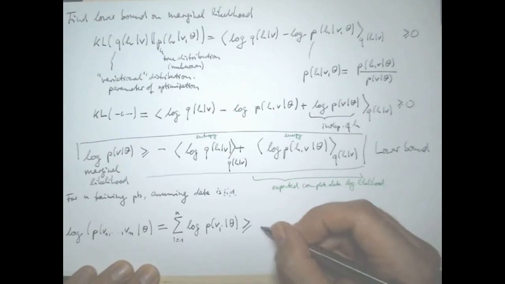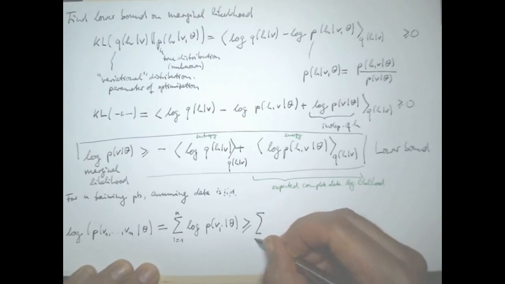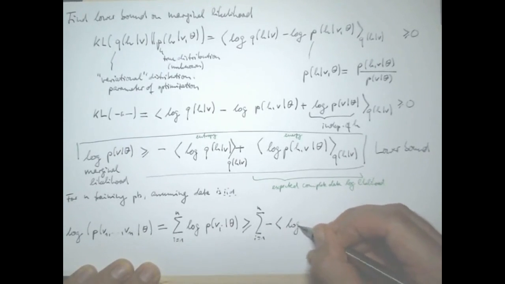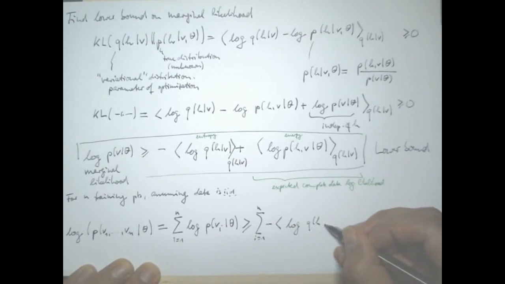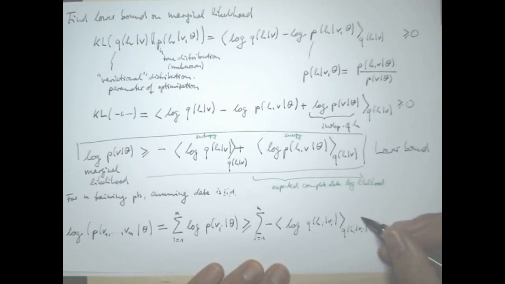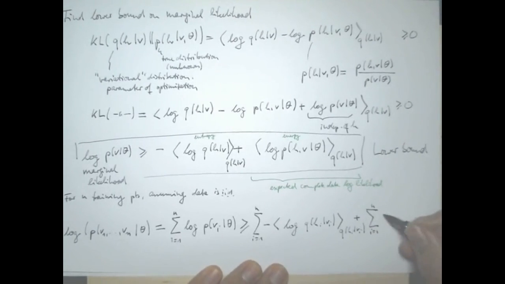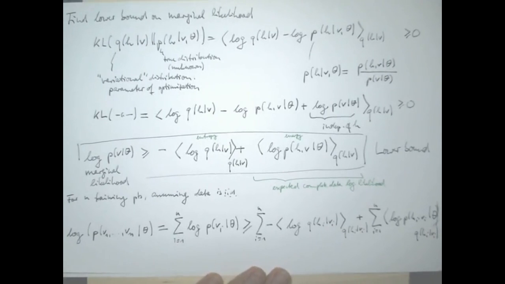So I have, for a total of n observations, minus this entropy term, plus that energy term. Sorry, running out of space here. Good.